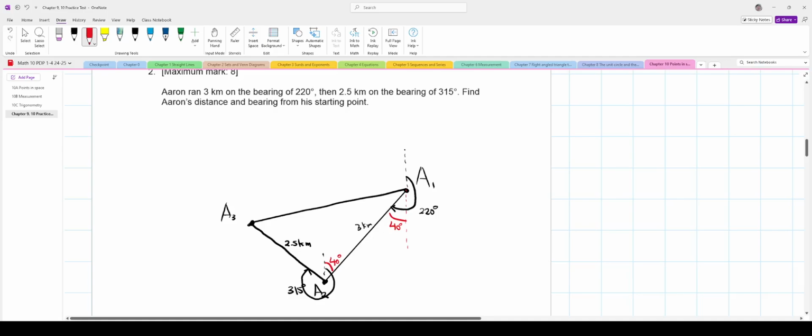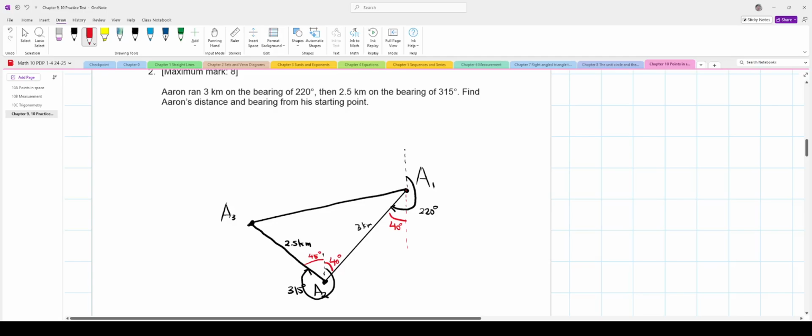Also, we know that the bearing of A3 from A2 is 315 degrees, which is 45 degrees less than 360 degrees. So overall, we know that the angle A1, A2, A3 is going to be 85 degrees.